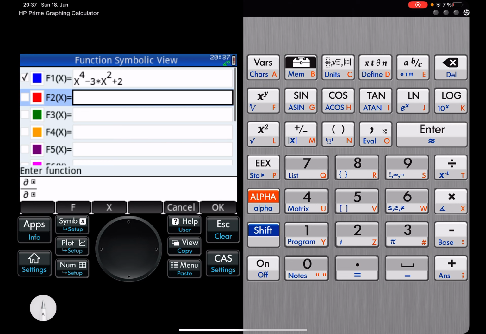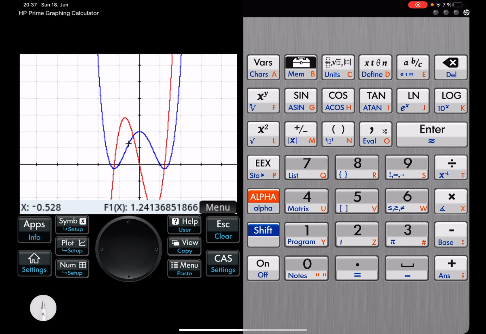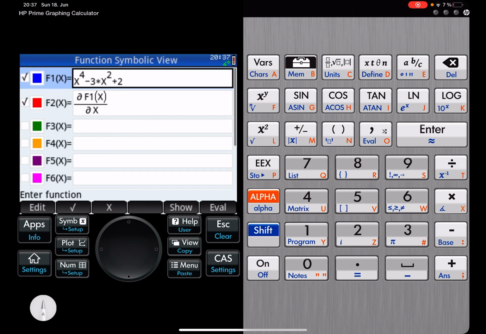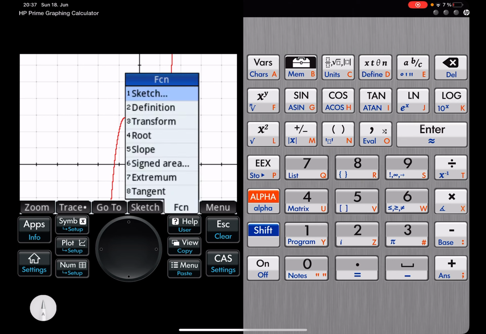So remember, we type in f1 bracket x over x, and I really want to know when the slope has a slope of 0. So I want to find the roots.